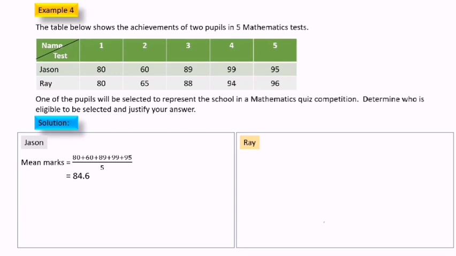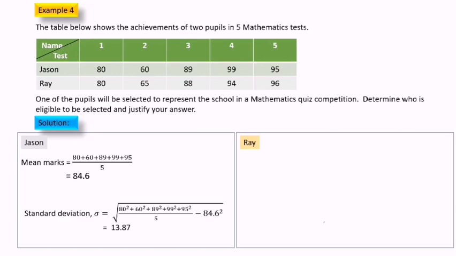Standard deviation for Jason's marks equal to square root of 80 square plus 60 square plus 89 square plus 99 square plus 95 square divided by 5 minus the square of mean 84.6, equal to 13.87.